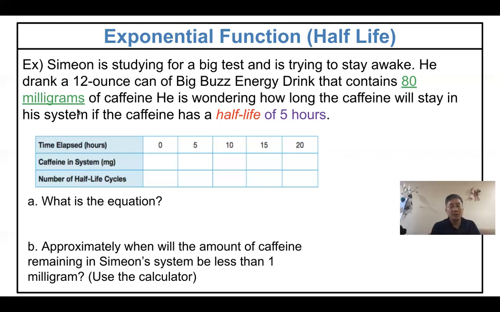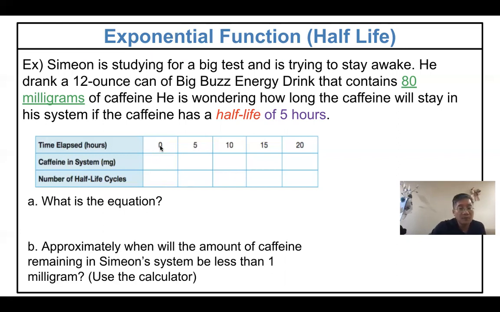To be convenient, to make it easier, we made a table. So 0, 1, 2, 3, 4, 5. After 5 hours, it becomes half, right? It goes like that. And then another 5 hours, 10, it becomes another half, right? So you can fill out the table.